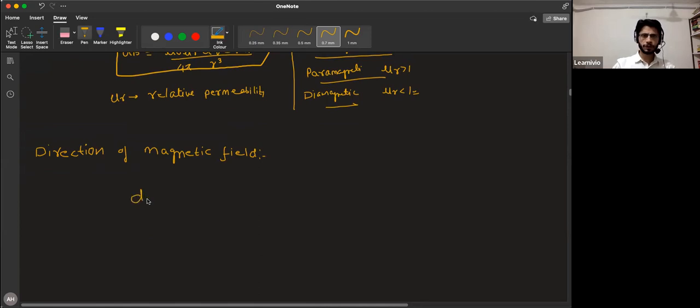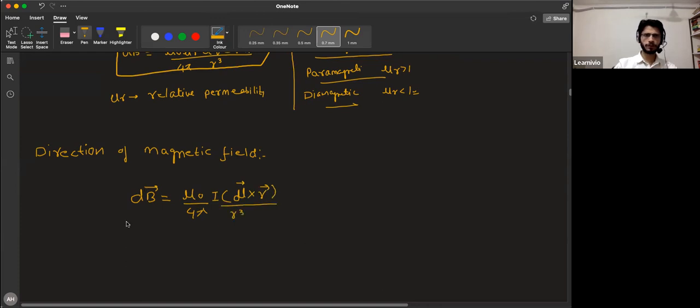What was Biot-Savart law in vector form, Hishma? Mu 0 by 4 pi I into dl cross r, divided by r cube.